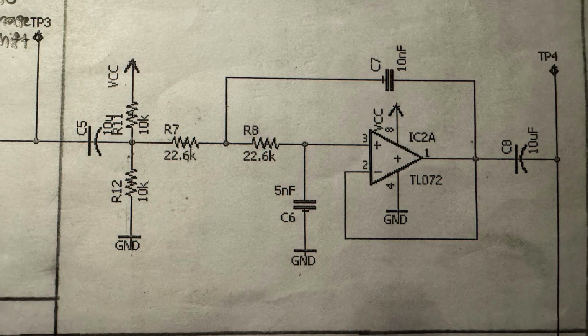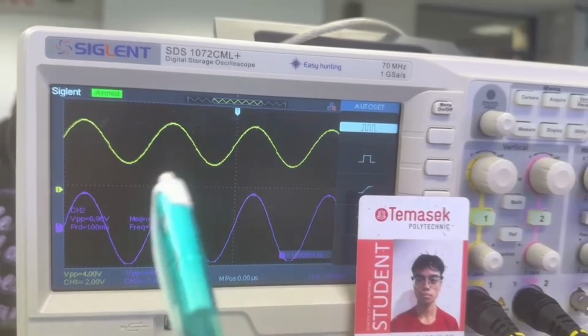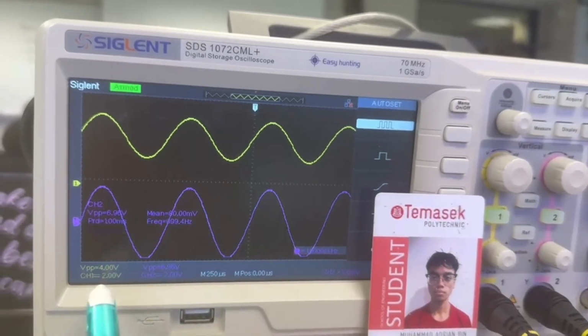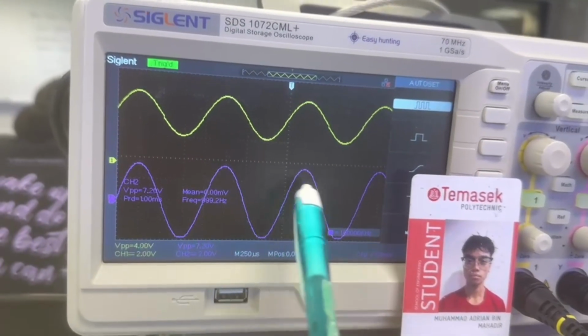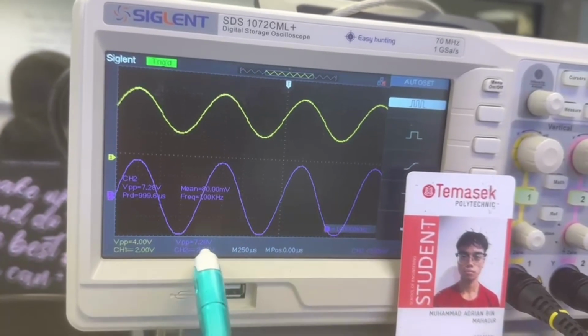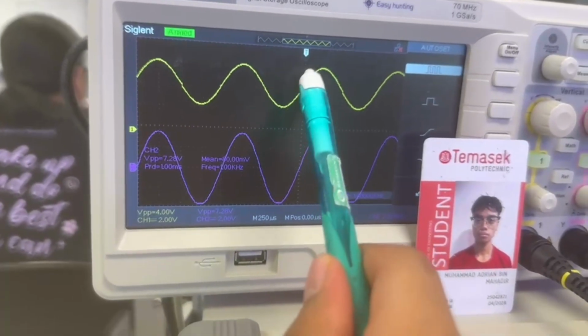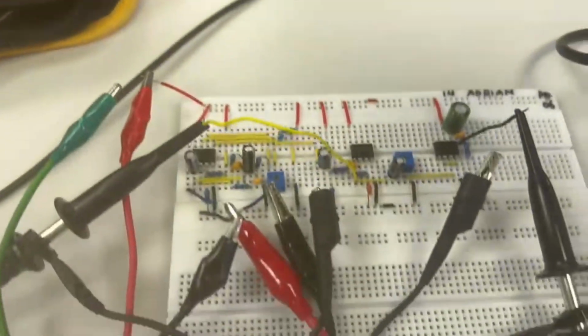Capacitor C13 connected between pins 1 and 8 increases the internal gain of the audio amplifier, while potentiometer P2 controls the signal level entering the amplifier. Between test points 4 and 5, the signal increases from 4 volts to 7.2 volts, confirming that the audio amplifier successfully amplified the signal.